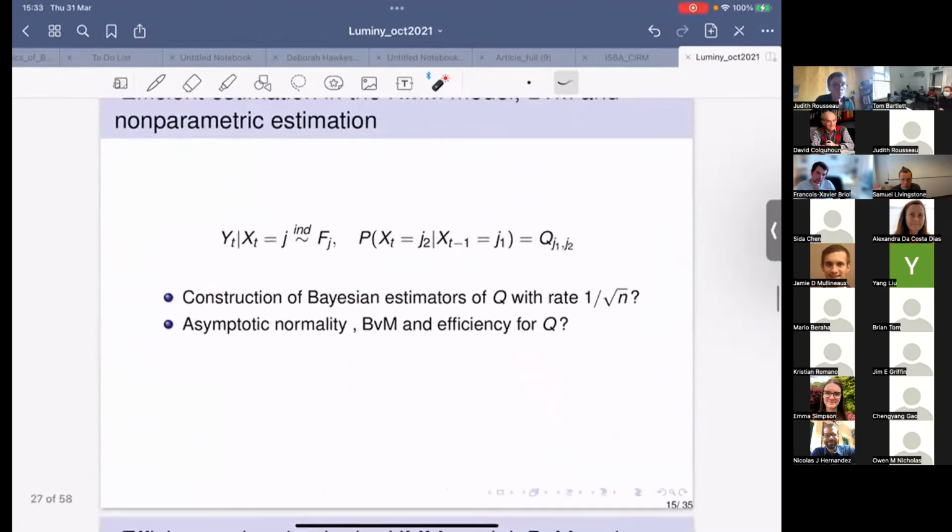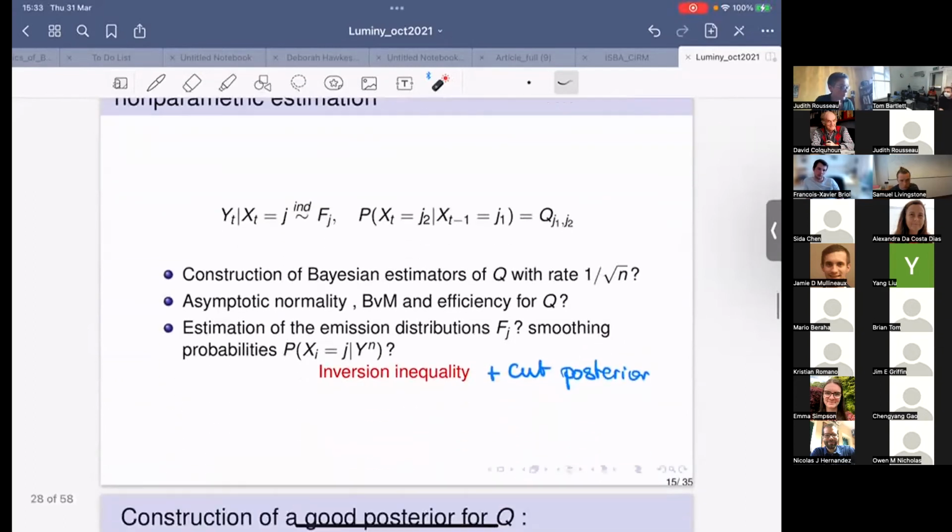You want potentially to have asymptotic normality of the posterior distribution, but also a Bernstein-von Mises result. So this sort of duality between the frequentist and the Bayesian, so that credible regions are confidence regions. And potentially also you want to be efficient. So you want to prove that your estimator is the best you could obtain asymptotically to estimate Q.